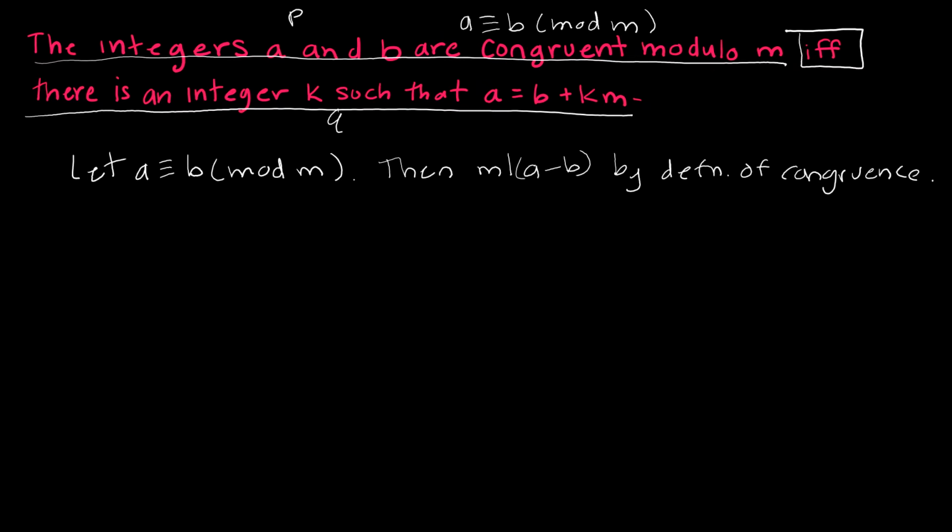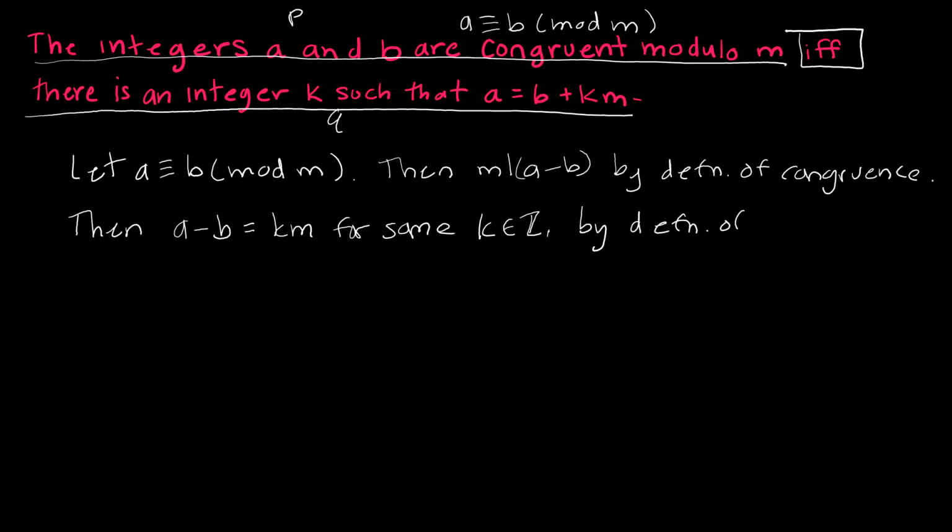Now, if m divides a minus b, then I can say that a minus b is equal to km for some integer k. And again, how do I know that? By definition of divisibility.